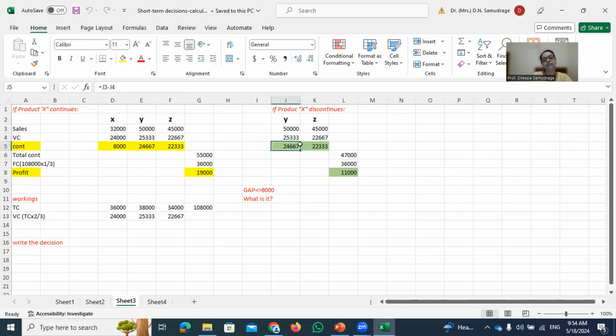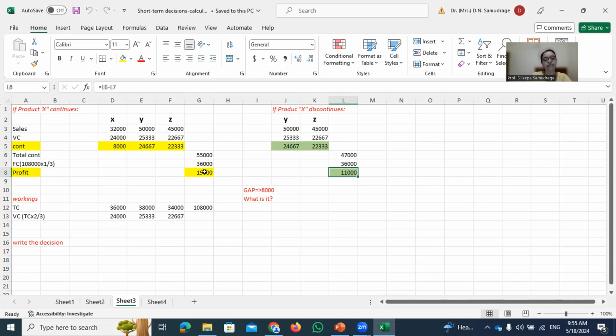Then you add these two figures, then you get 47,000 as the total contribution. Then from this total contribution, you have to deduct the total fixed cost. Even if you stop this product, you have to incur the fixed cost, right? So therefore, you have to deduct this fixed cost, then your profit will be 11,000.